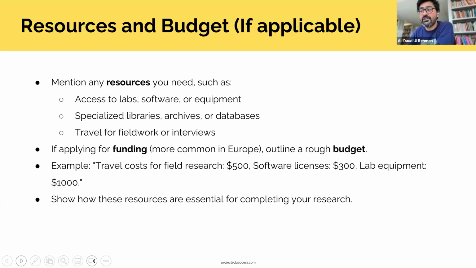So, resources and budget: mention the resources you need, such as access to labs, software, equipment, specialized libraries, archives, databases, or travel for fieldwork, or if you need any language training, you need to mention that in your proposal. But while mentioning that, you also need to keep your word limit in mind.